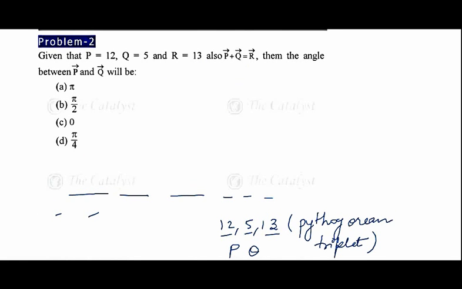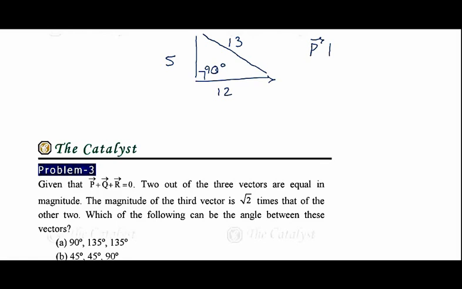And it is given that P plus Q is equal to R. Now P plus Q is equal to R, what does it mean? How should we draw the vectors, right? Now just think over it.